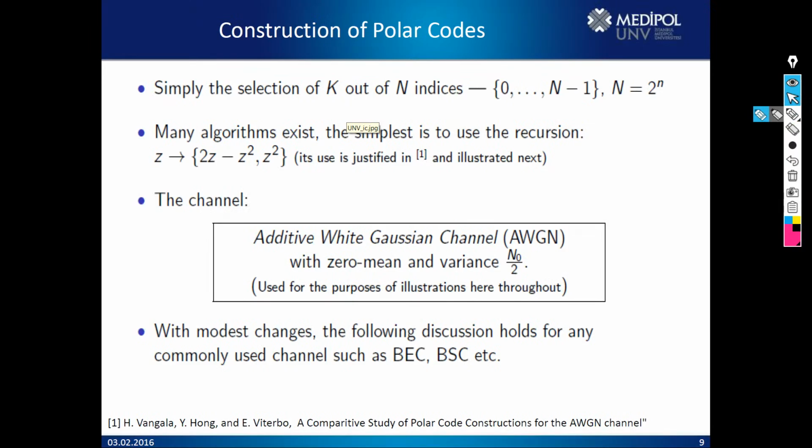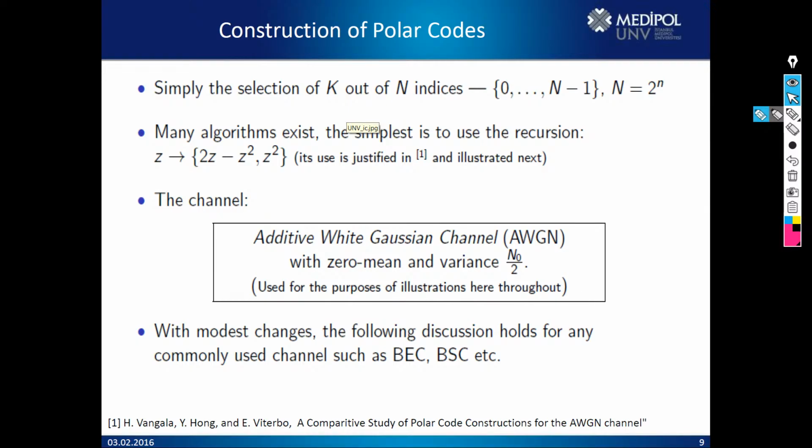You need to determine the good indices and bad indices of the channel so that you use the good ones to encode over them, and the bad ones you freeze them, you put them zero, you don't transmit over them. This is what you want to know before you construct your code. While you are constructing your code, this is step number one.